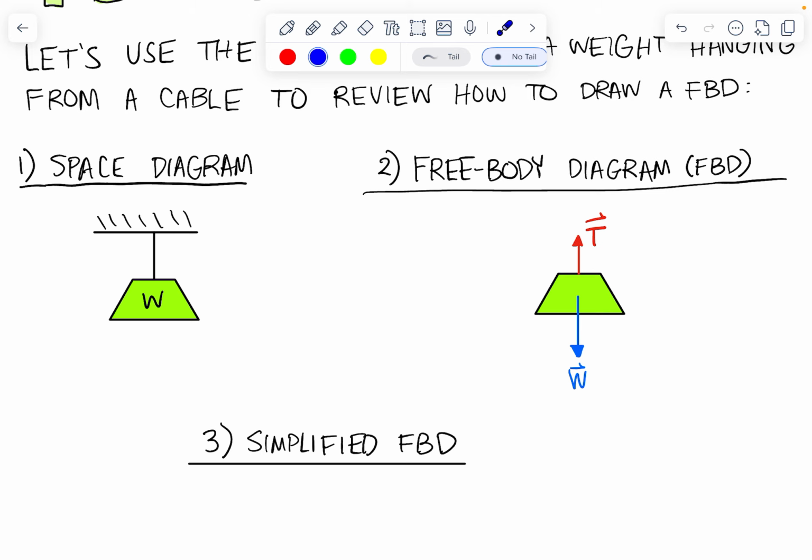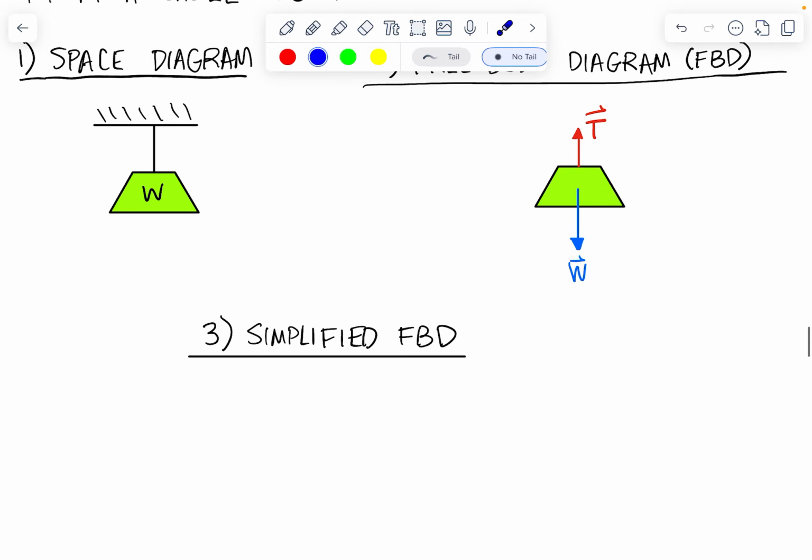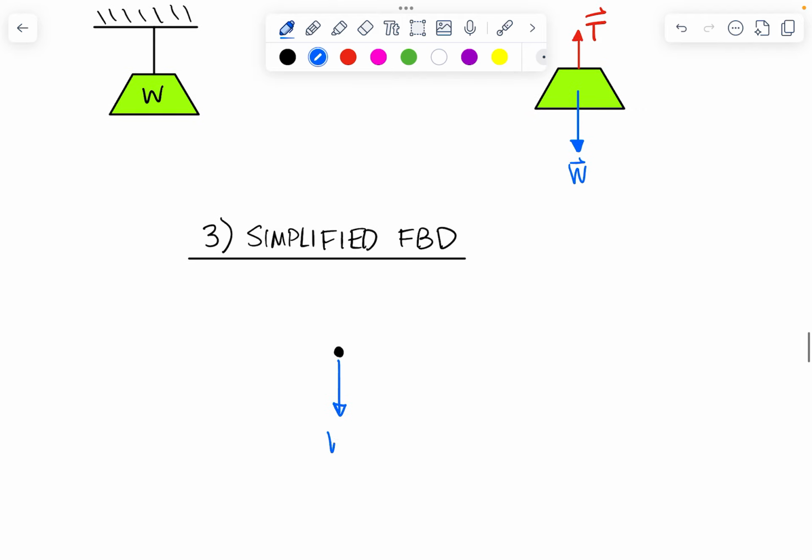The fact that it's kind of trapezoidal. If we're just interested in the tension in the cable, then the shape of this weight really doesn't matter to us. So we can simplify and call that weight just this particle, which I'm going to draw as a little dot. And all of our forces are going through that particle, right?